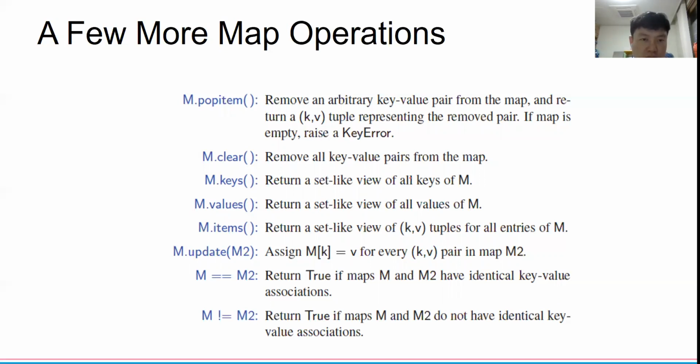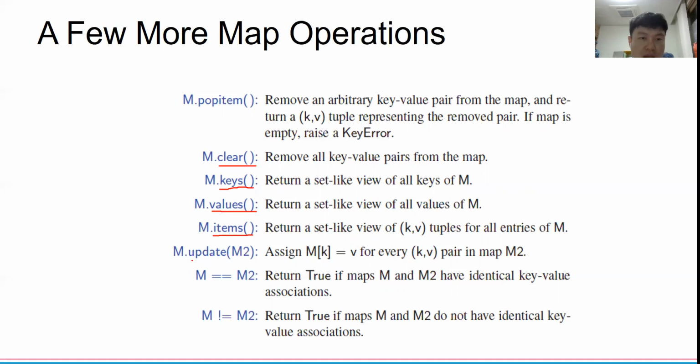You can also do with clear. It means I just want to clear all the key-value pairs in the map. If I want to check only the keys, then I can just use m.keys. If I want to know all the values, then I can just use m.values. If I want to know the items, the pairs of k and v, I can just put the dot items.